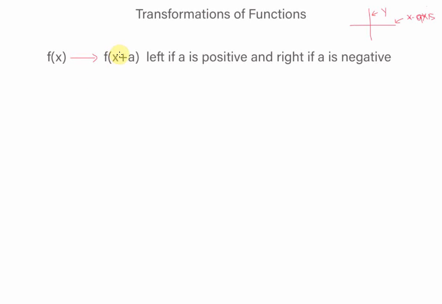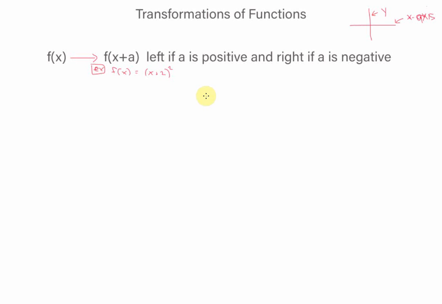So if you're adding just to the x value, then this is what's going to move it along your x-axis, and that's how I remember it. An example of this would be f of x equals, maybe I have (x + 2) squared.